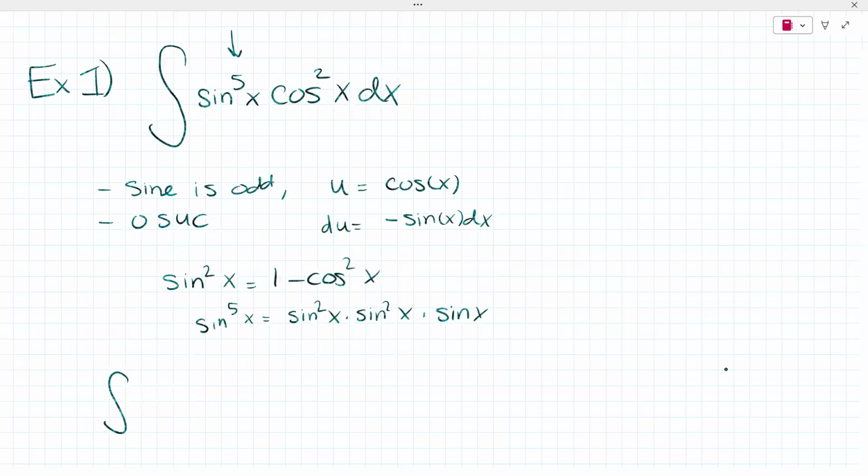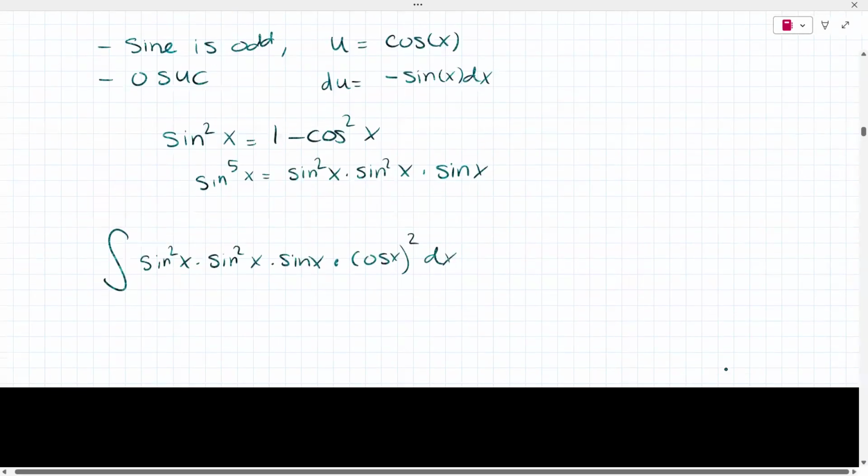So let's rewrite that. I'm just rewriting sin of 5x as sine square of x times sine square of x times sine of x. And then we still have this cosine of x raised to the second power dx. And then we're going to use our identity.